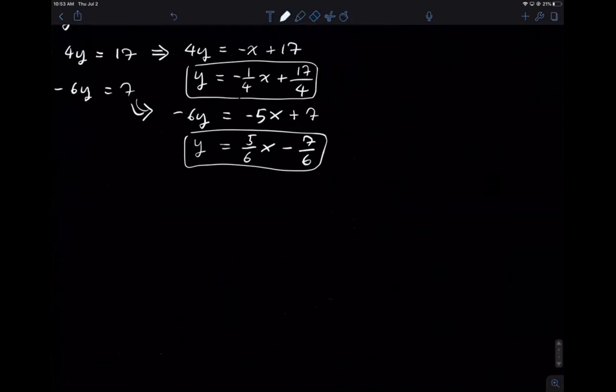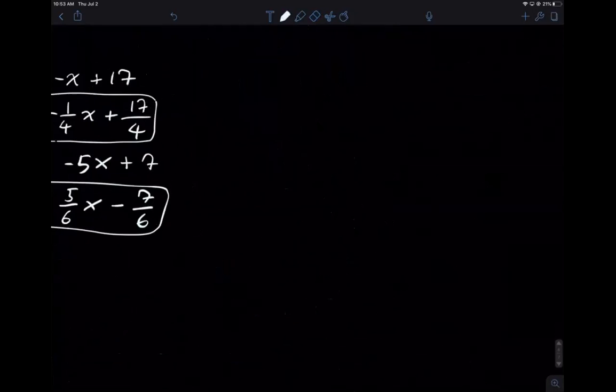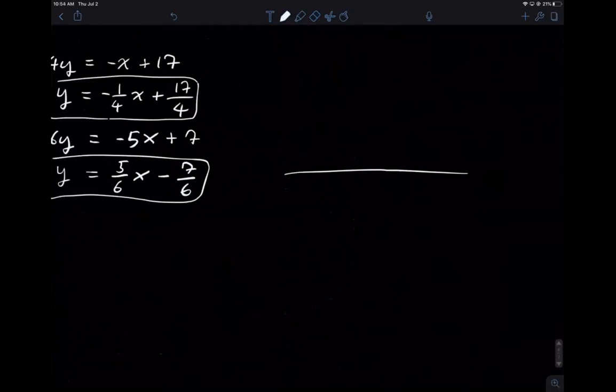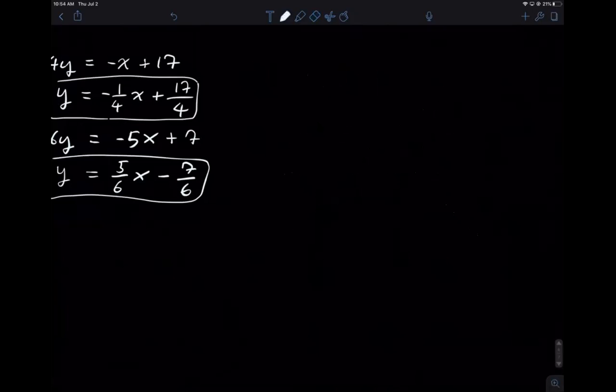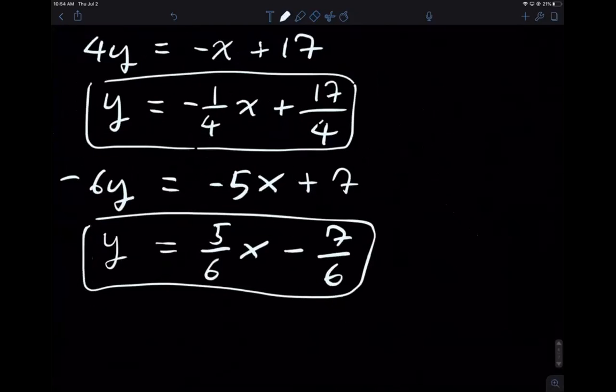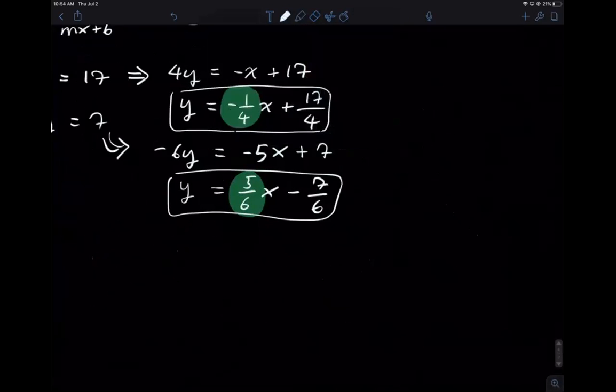The slope is what tells us whether it is positive, whether it is negative, whether it goes straight up, whether it goes like this. That's everything that the slope tells us, and it's really important. So the slope is always the coefficient in front of x, and that's why we always write it in this form, y equals mx plus b. So m is the slope.